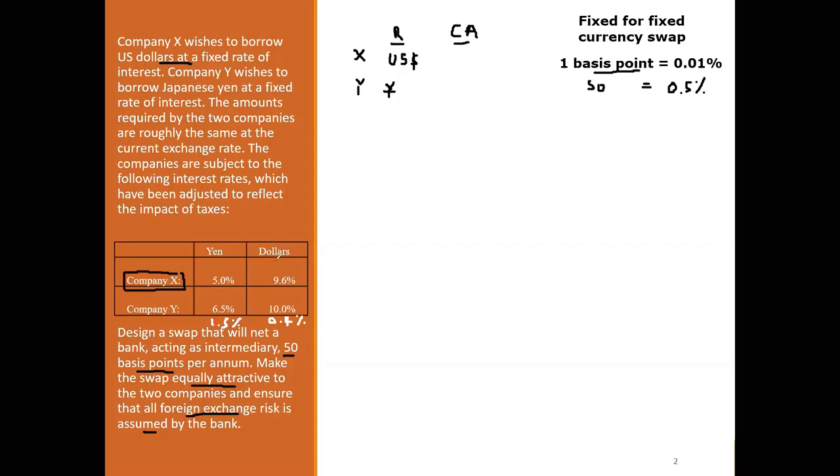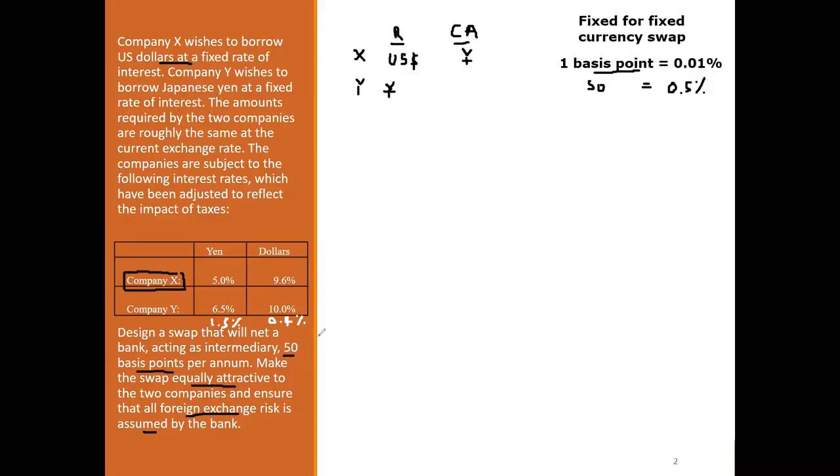But in the dollar market, X is paying only 0.4% less. So because of that, if you compare these two markets for X, X is more benefited in the yen market. So you can say for company X, X will have a comparative advantage in the yen market.